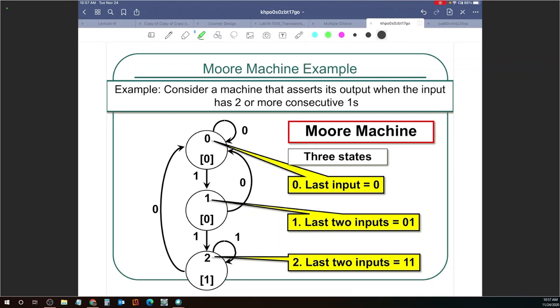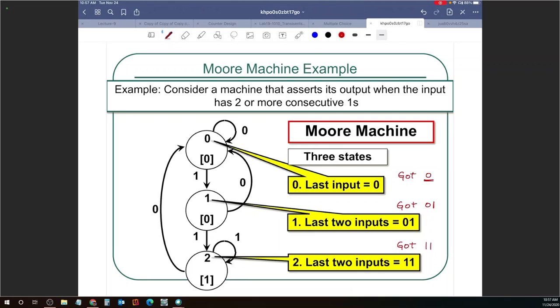The first state can be, I got a 0. The second state can be, I got a 0, 1. And the third state can be, I got a 1, 1. Those are my 3 states: got a 0, then got a 1, and then received a 1, 1.